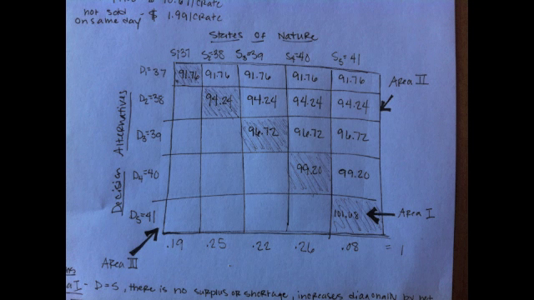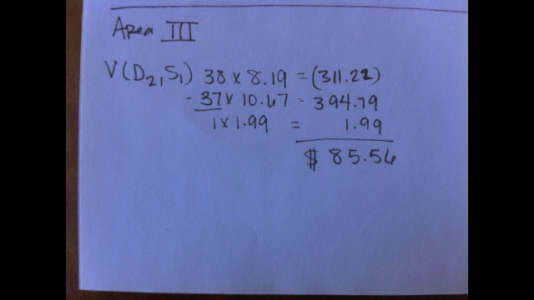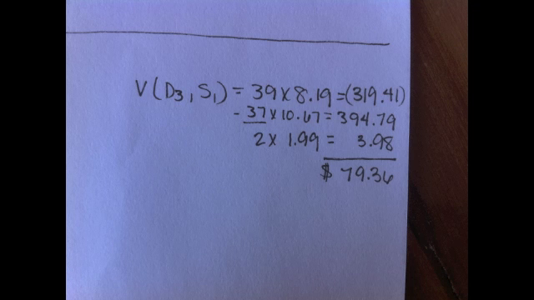So if you do a calculation of D2 S1, it would mean that you bought 38 crates at $8.19, but you could only sell 37 of them. So that would give you $394.79. The extra left over you would sell the next day for $1.99. So you'd add that to your net profit, which would give you $85.56.